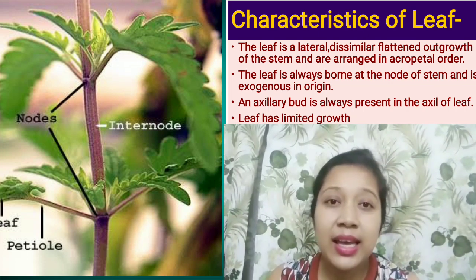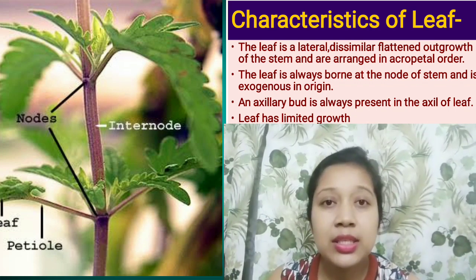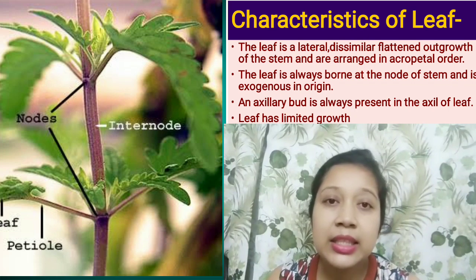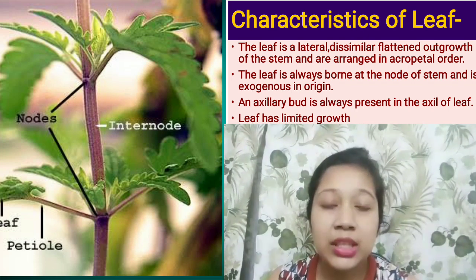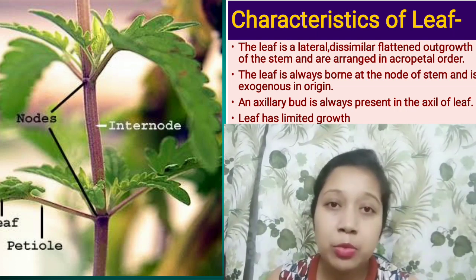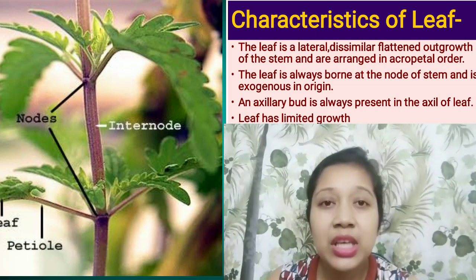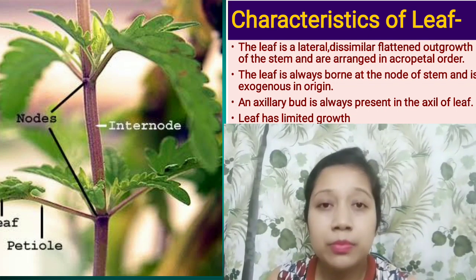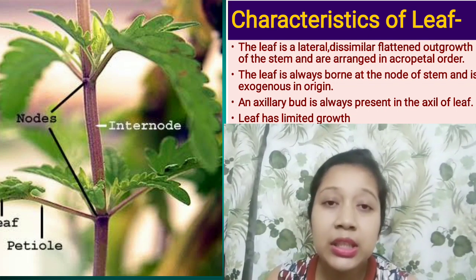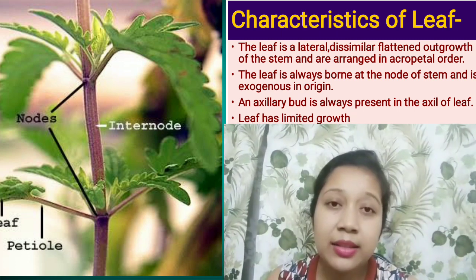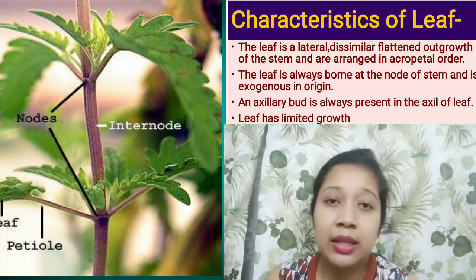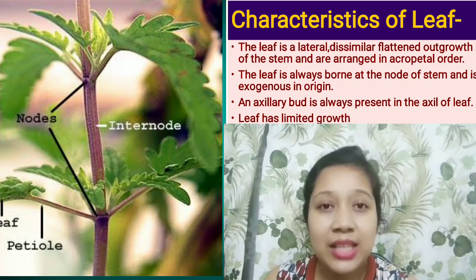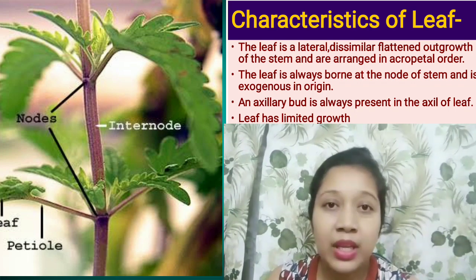And they are always exogenous in origin. Exogenous, as already discussed in the previous class, means that their whole occurrence of origin is towards the outer side of the body. The tissues are arranged towards the outer side of the stem, and that is why we can tear the tissues, and when we tear them, the leaf gets detached from the stem.